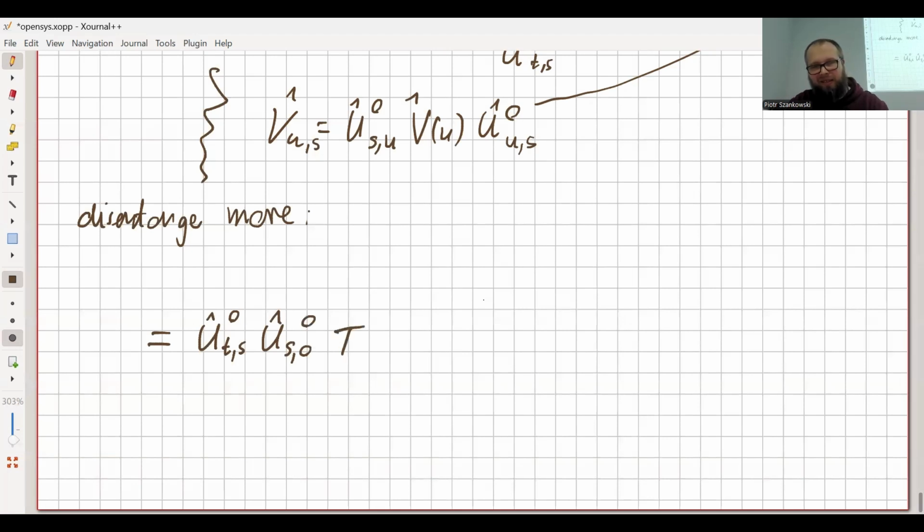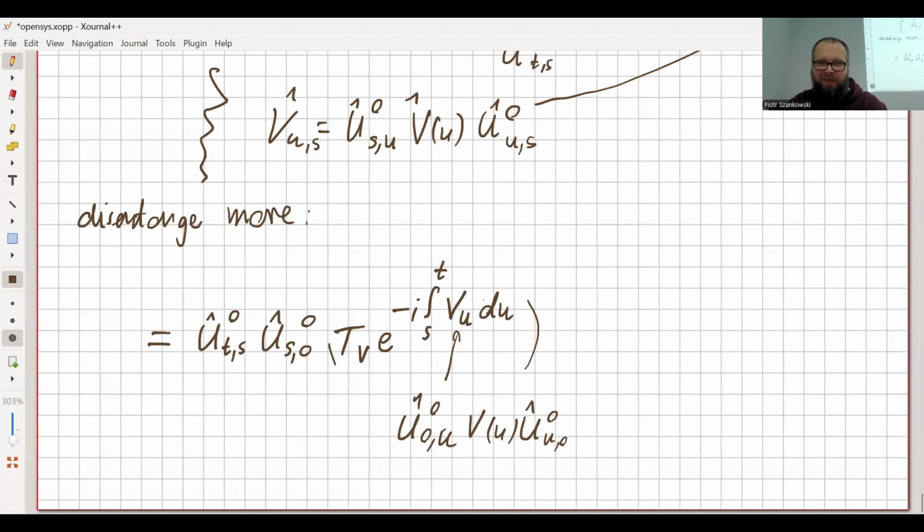Let's write it like this: V(t) minus i integral from S to t of V_I(u) du, where this goes from 0 to u. But as it turns out, this is not for free, because there will be another guy that appears on the right-hand side of your interaction picture evolution operator.